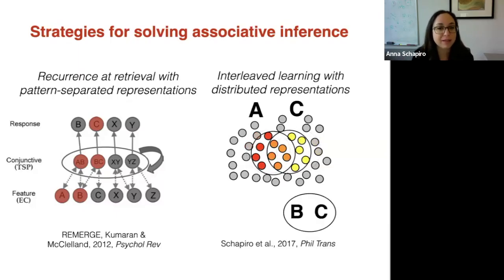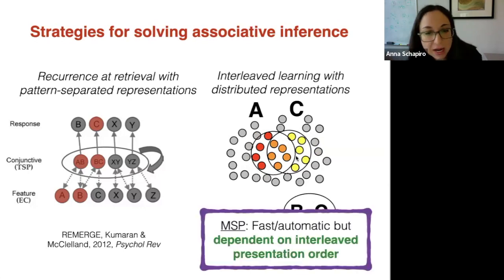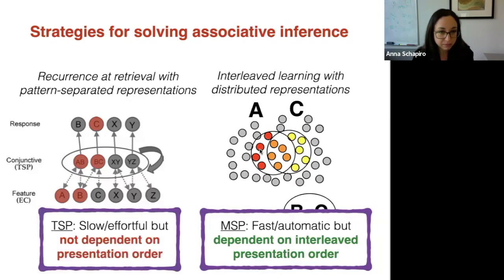And then that makes the inference at retrieval time totally obvious and automatic because A and C are just sharing neurons. So the idea is that this type of strategy should be really fast and automatic, but dependent on having experienced the pairs in interleaved presentation order.